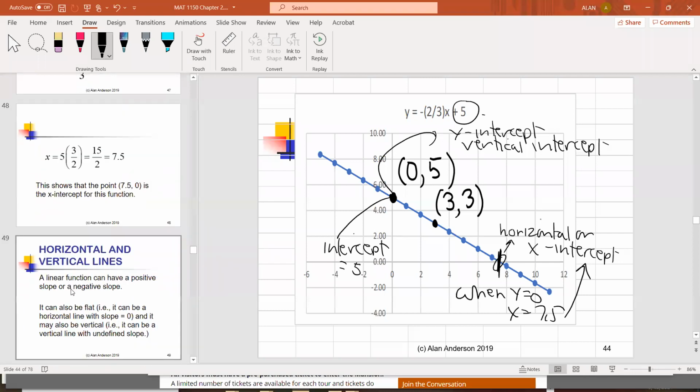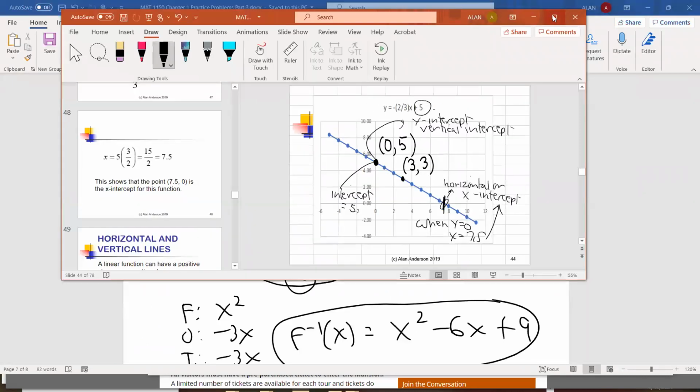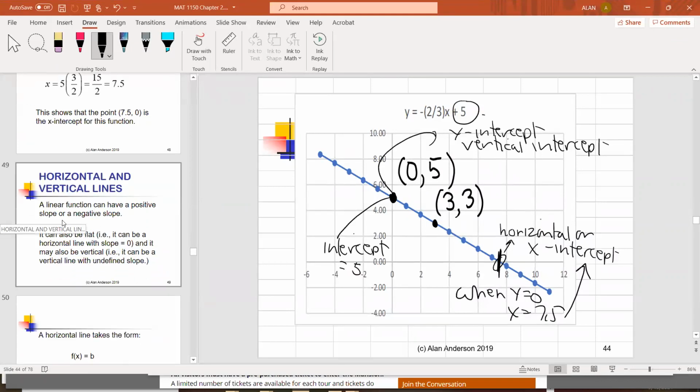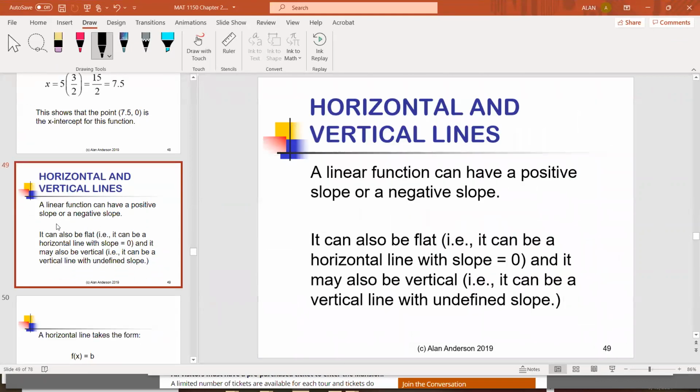All right, now here's some more interesting cases. Horizontal and vertical lines. Any linear function can have a positive or negative slope. Now, here's where it gets interesting.